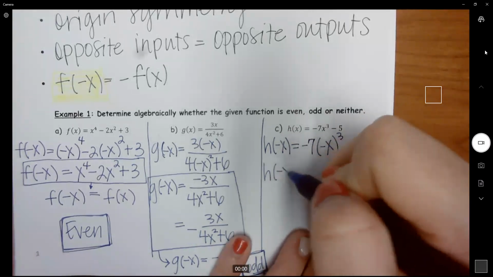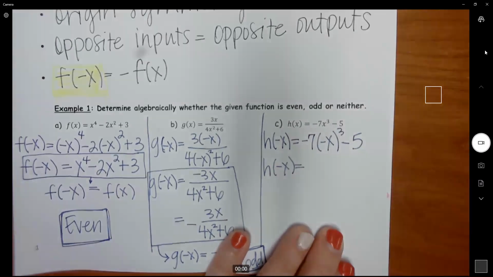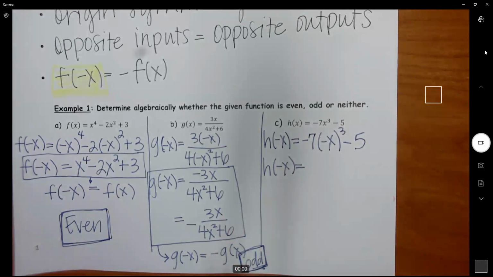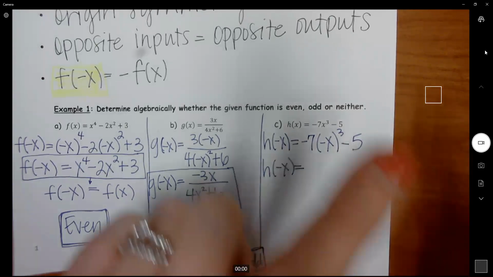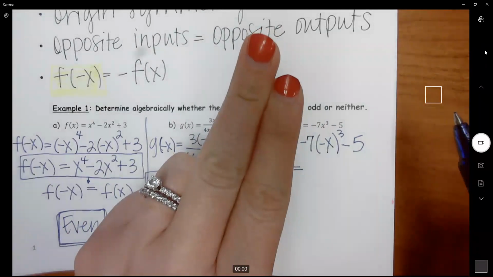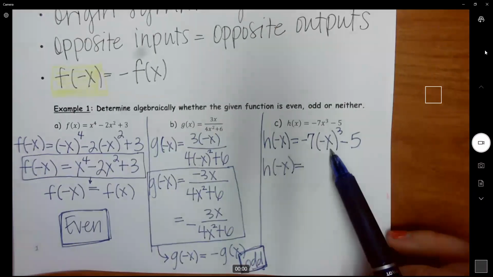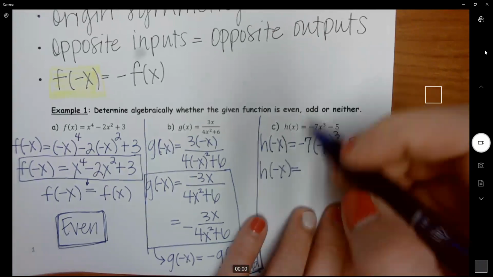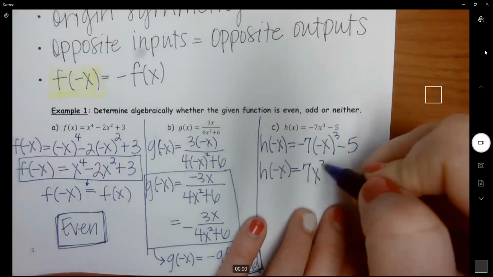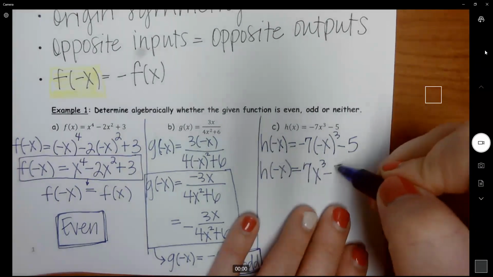So simplify this, and by simplify, I mean change your signs. Negative x cubed is negative, because negative times negative is positive, but that third negative makes this negative. And negative 7 times the negative x makes this a positive 7x cubed, and then that minus 5 comes down.